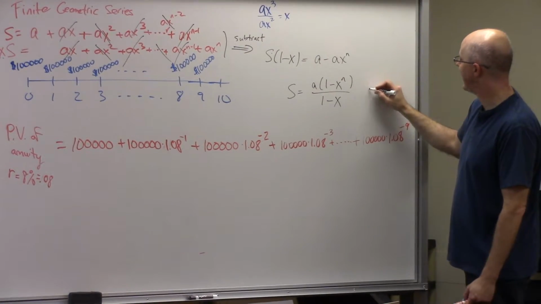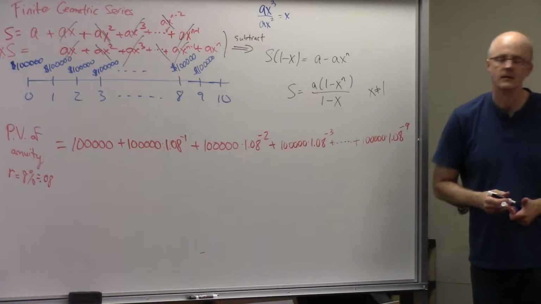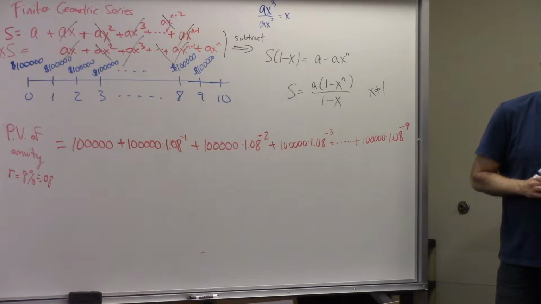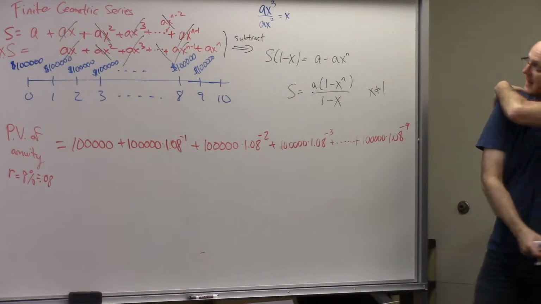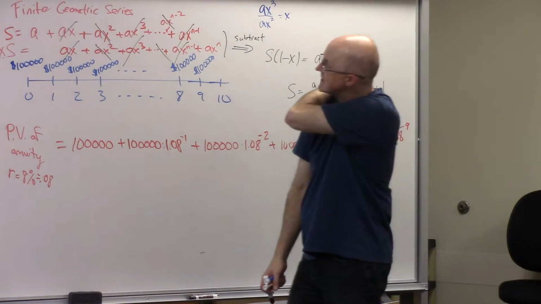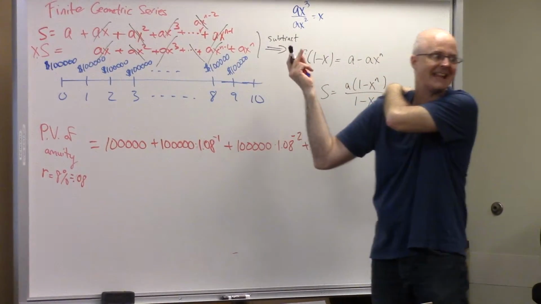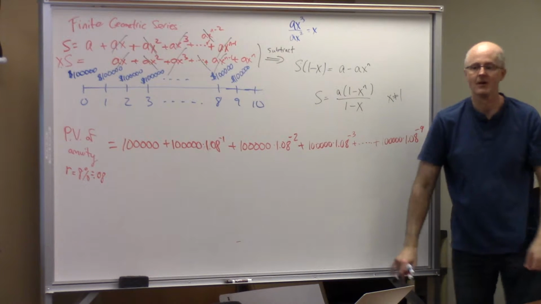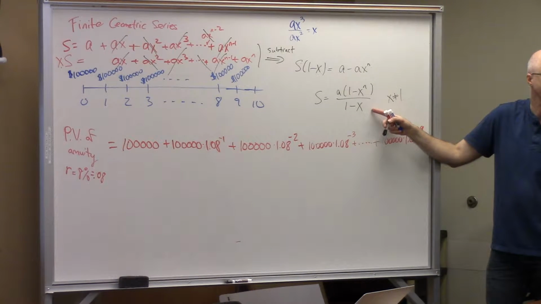As long as x is not equal to 1 here, because otherwise you're dividing by 0, this is what the sum equals. And if x does equal 1, by the way, that's easy actually. You have a plus a plus a plus a n times. You get n times a for the answer when x equals 1. But if x is not 1, you get this.